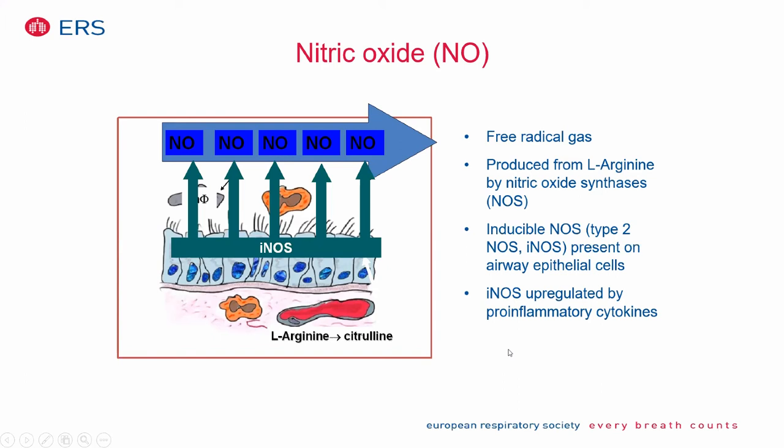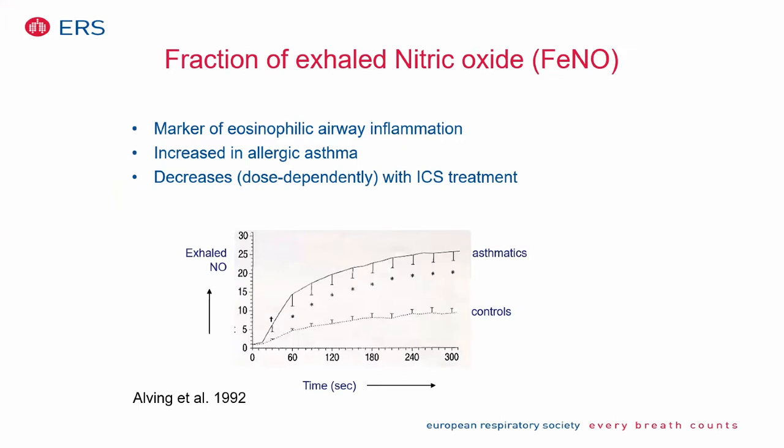And these inducible nitric oxide synthetases will produce NO that will be exhaled in the air. And FeNO has been shown to be a very good marker of eosinophilic airway inflammation, not neutrophilic, but eosinophilic inflammation.